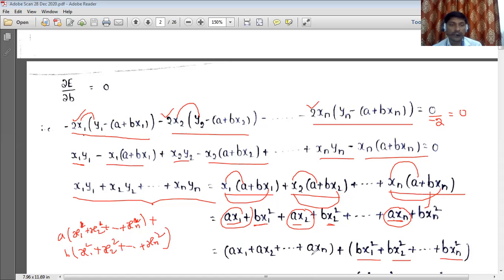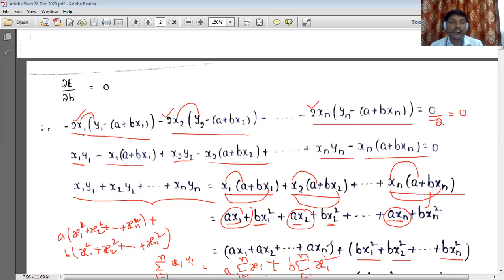Finally we can write summation xi yi, where i is from 1 to n, is equal to a into summation xi, where i is from 1 to n, plus, in the same way, b into summation xi square, i from 1 to n.